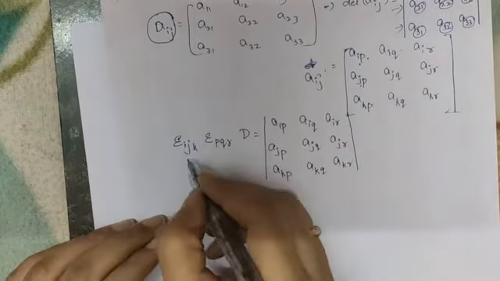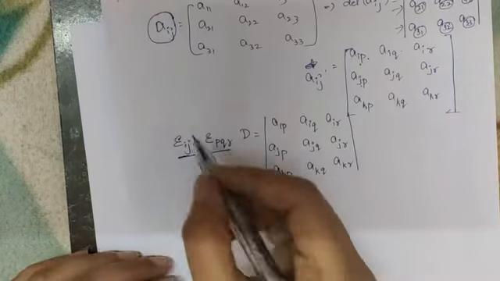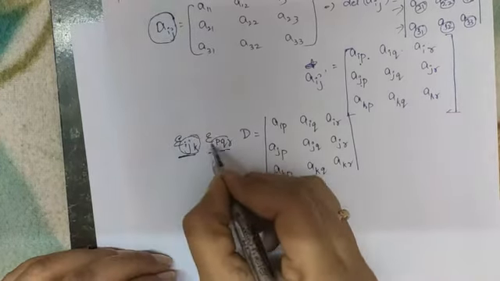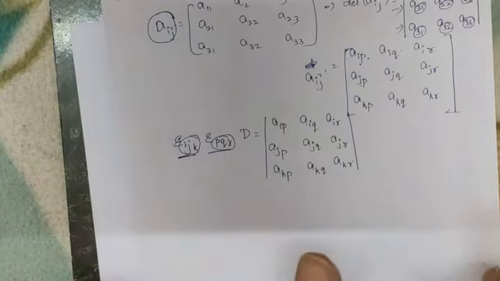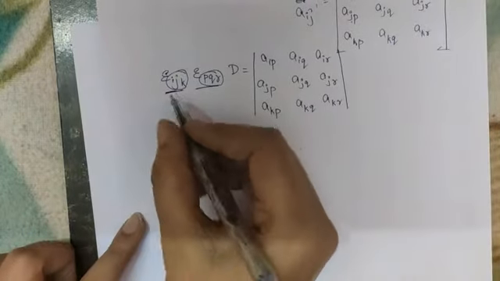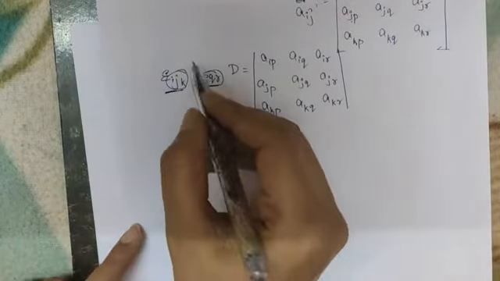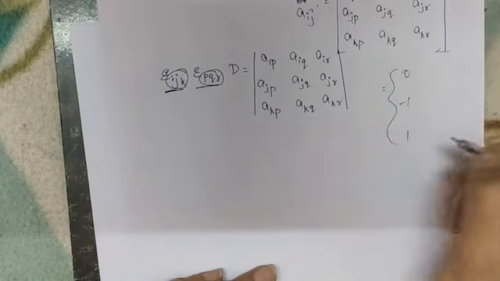Since we have epsilon ijk as well as epsilon pqr, depending on the values of ijk and pqr, our determinant will vary. So we will be having 3 cases. Why? Because we have the epsilon symbol. From the definition of the epsilon ijk symbol, epsilon ijk takes the values 0, -1, 1.